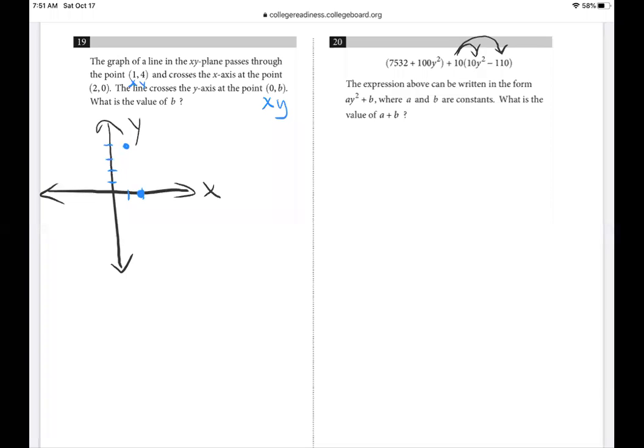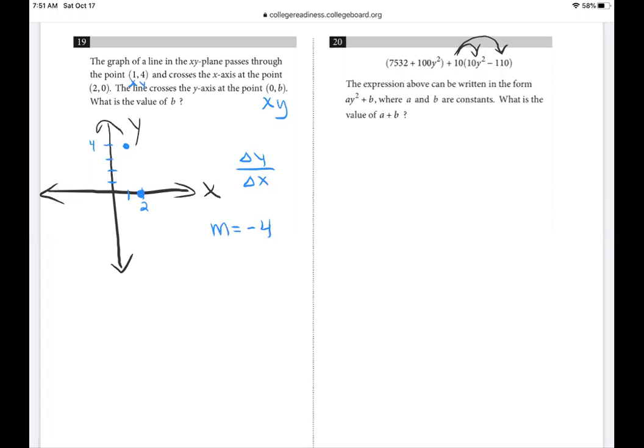From just plotting these 2 points, you could find the slope, right? The rise over the run, or change in y over change in x. If we count, it would be 4 down and 1 to the right, so the slope, or m, is -4.